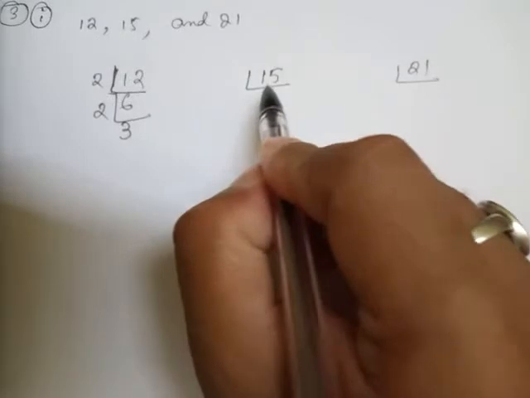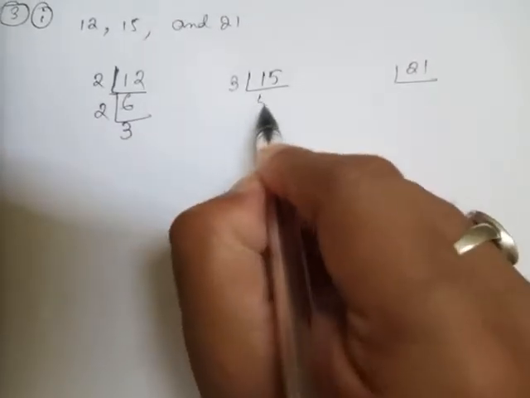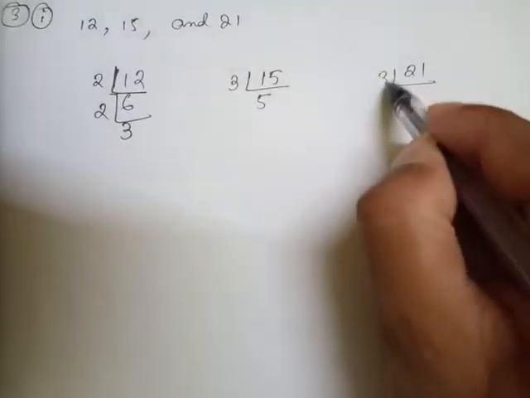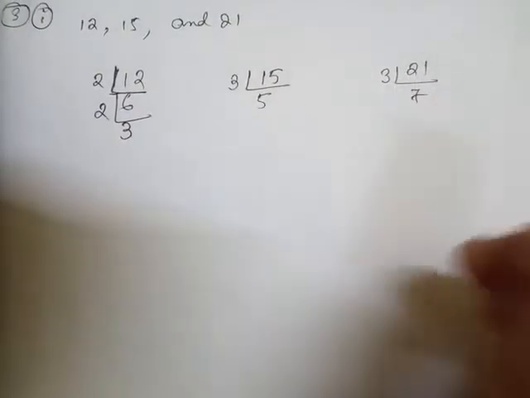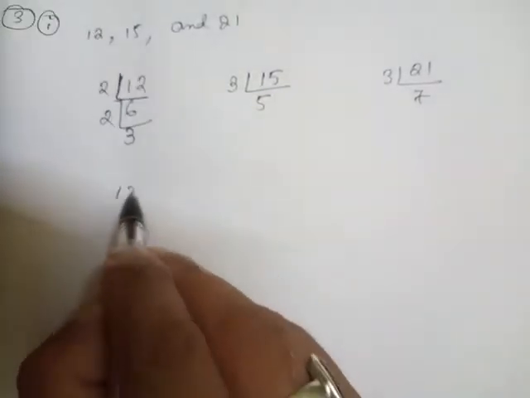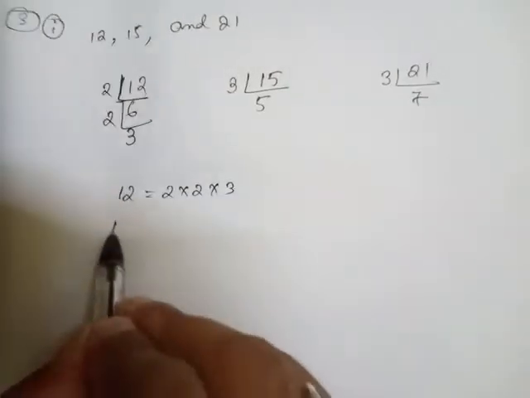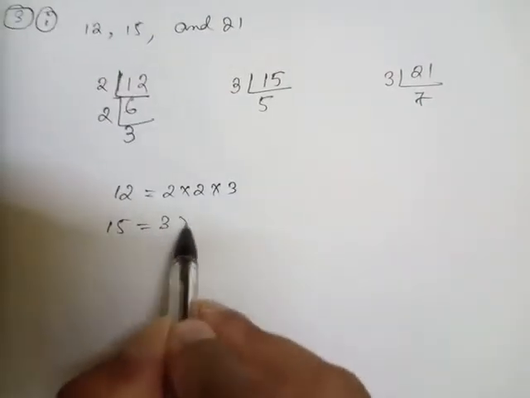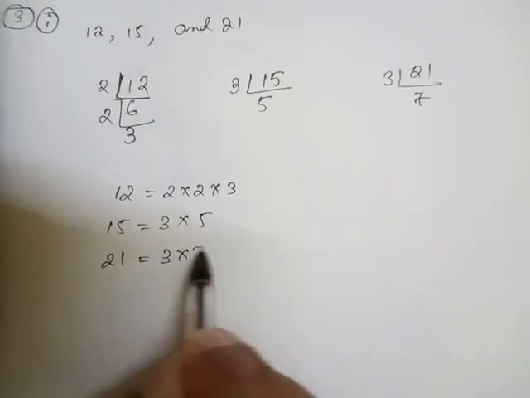Now the second one is 15, a multiple of 3 and 5 only, so we'll go for 3. 3 fives are 15, and here also 3 sevens are 21. Now look, students, all the digits are prime numbers, and now we'll write the factors of 12. So 12 equal to 2 into 2 into 3. Now 15 equal to 3 into 5, and 21 equal to 3 into 7.